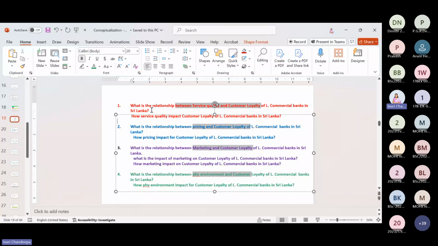It should definitely start with to: to identify, to determine if it is a relationship, to analyze, to explore, to examine, to discover, likewise. So you need to convert the identified research questions in the WH format to objectives with the term to plus the action verb. Very easily you can convert them. No issue.